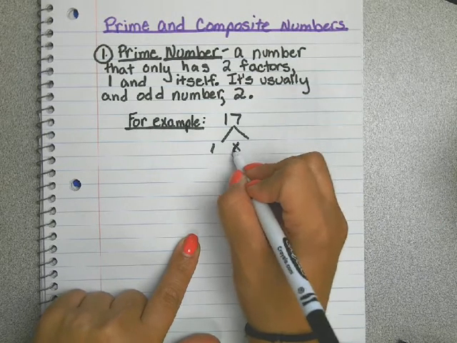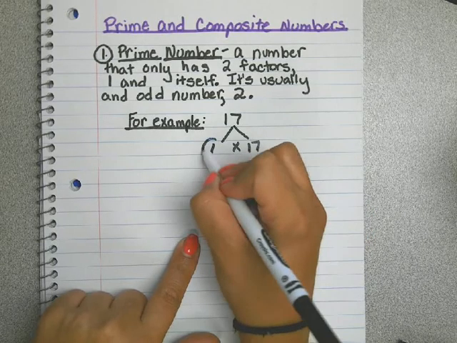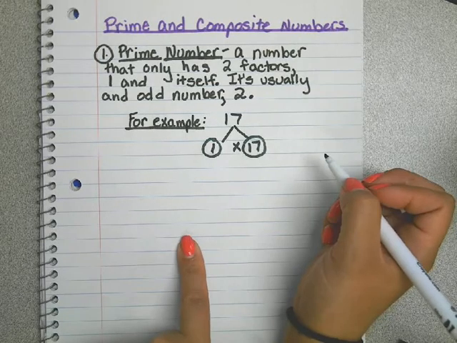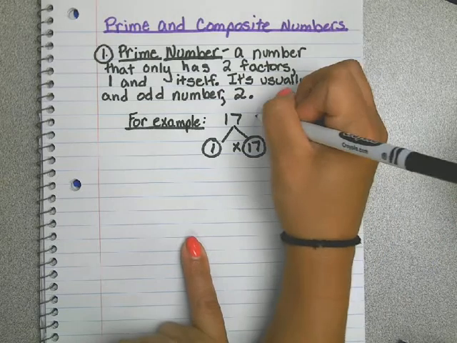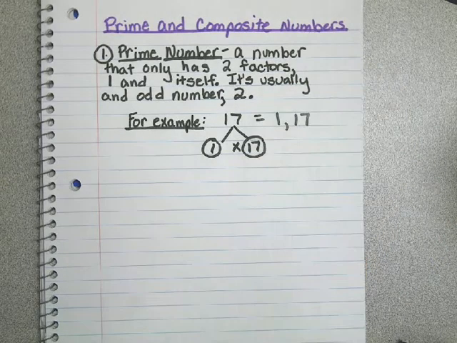Sorry, guys. So for example, the number 17, if I factor out 17, the only way to get it is 1 times 17. So here's our 2 factors.